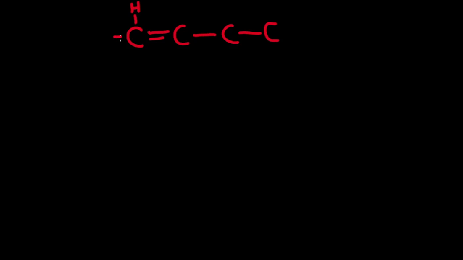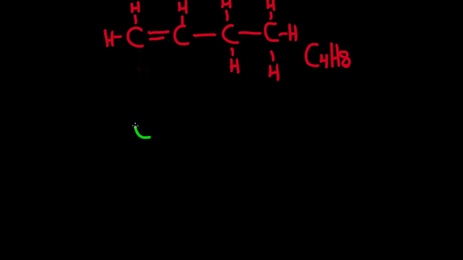So if I have this, and oops, let me get rid of that, I got carried away. Alright, filling in my hydrogens. Alright, and we'll go ahead and put my formula out. It's going to be C4H8.